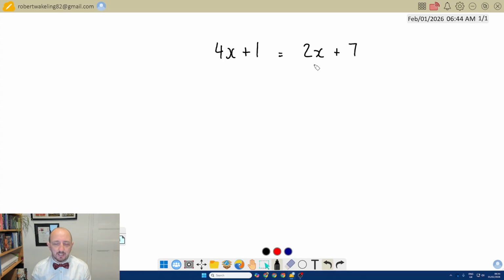Okay, both sides of the equals. So our first job is to take the smallest x and combine it with the biggest x. You don't want to do it the other way around because you'll get minus signs. So take the smallest x, which is currently positive 2x. There's a hidden plus there.